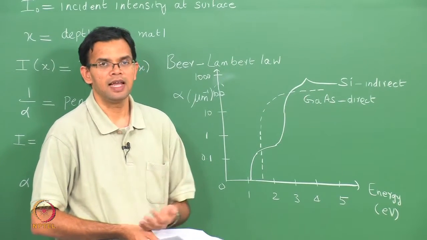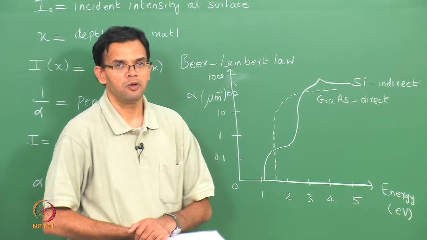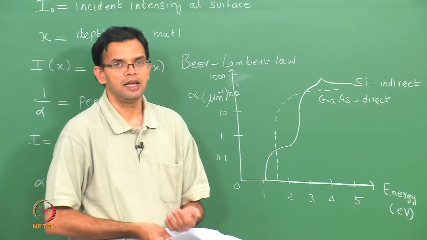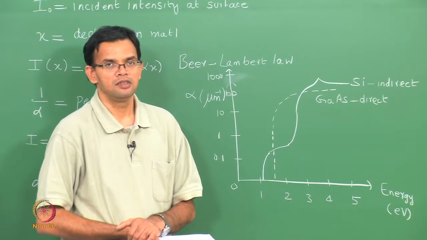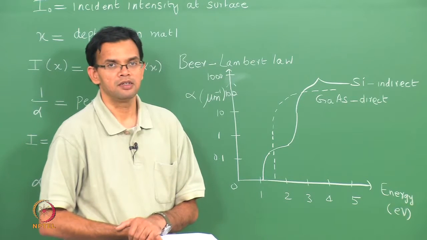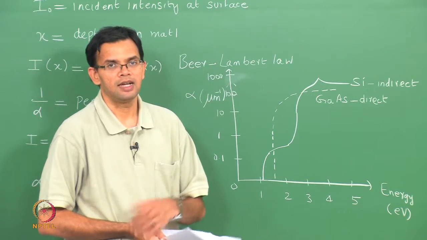So, in the case of gallium arsenide, the energy of the light that comes out will be 1.43. In the case of silicon, which is an indirect band gap material, the recombination takes place with the dominant mechanism being heat, so that the energy is lost in the lattice as lattice vibrations.